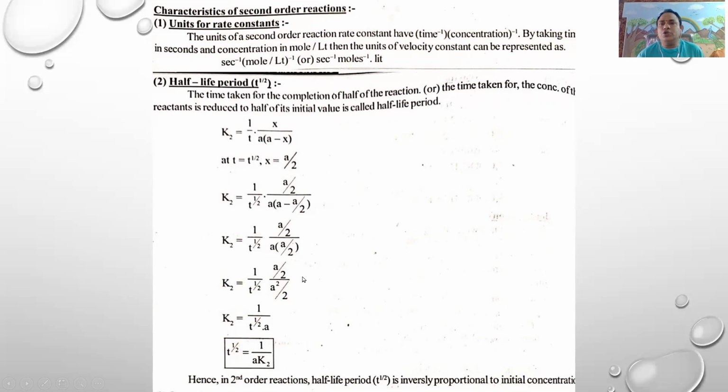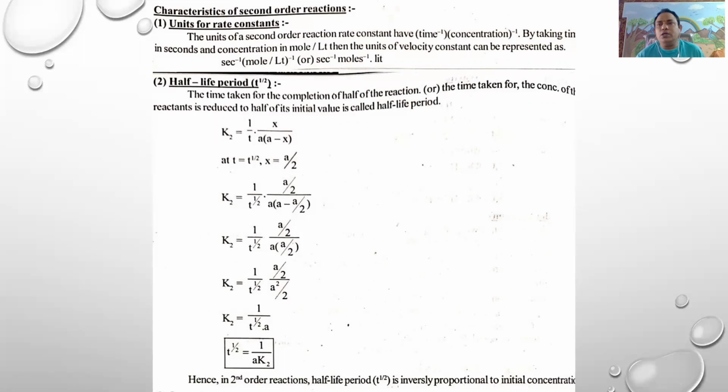Actually, for zero order, the relation between the half-life period and initial concentration is t-half equal to a by 2K0, where 2K0 is constant. Therefore, t-half is directly proportional to a. Means the zero order half-life period is directly proportional to the initial concentration of the reactants.